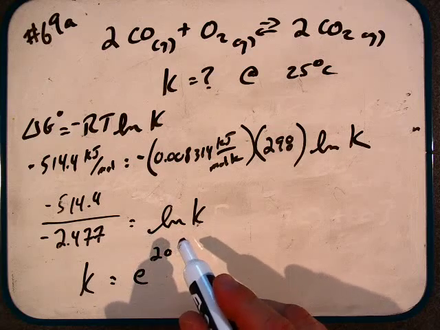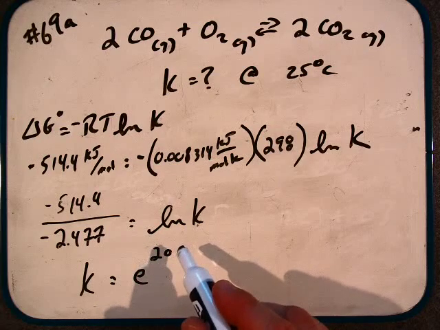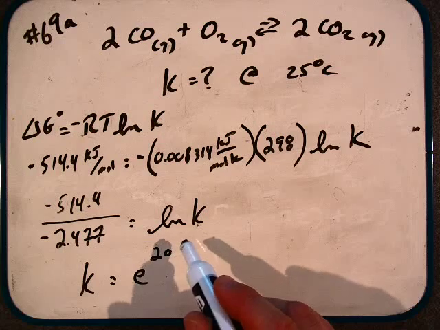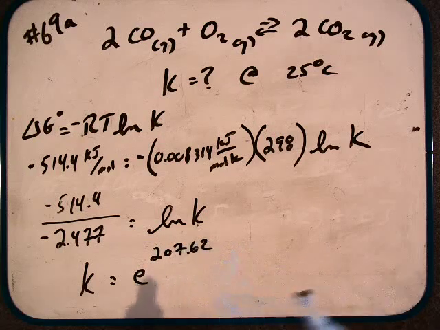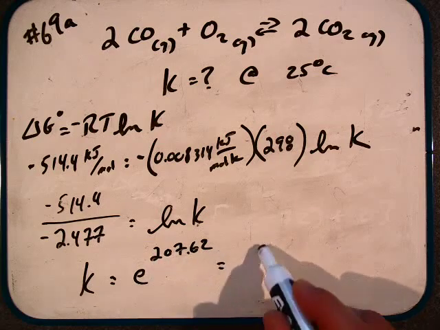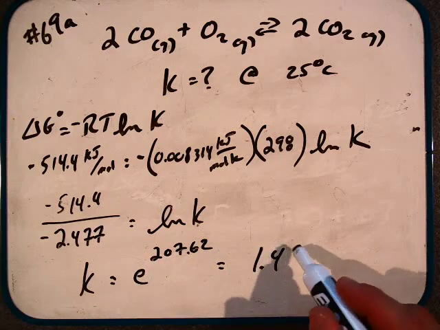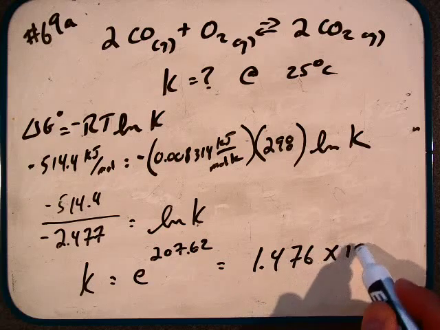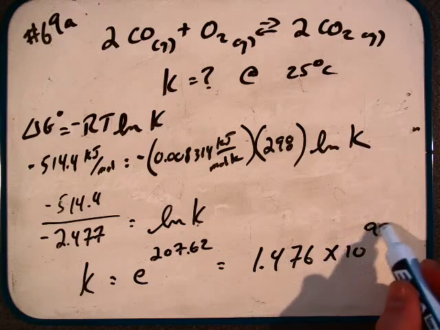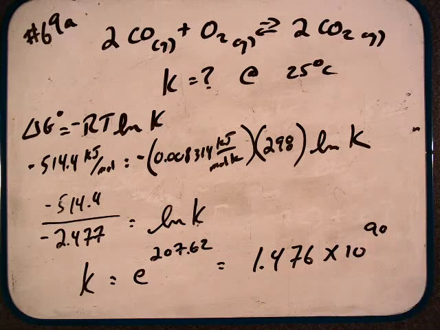If we take the fraction of 514 over 2.47, we get 207.62. And we take e to that value, and we end up with our equilibrium constant for this process to be 1.476 times 10 to the 90th. I know it's quite a large equilibrium constant, but that is the answer for 69, part A, chapter 18.